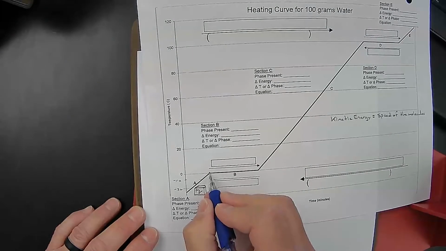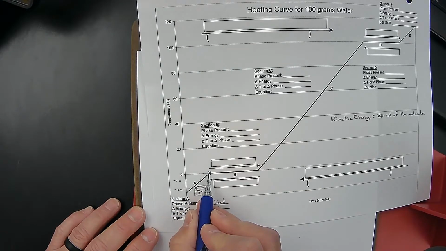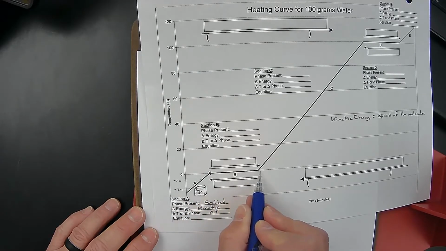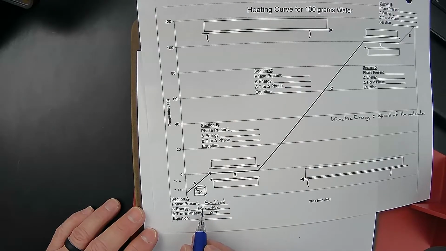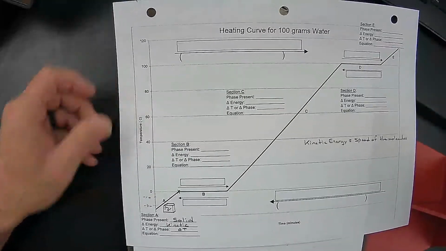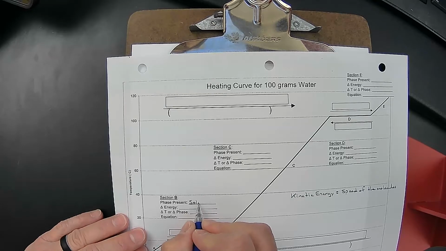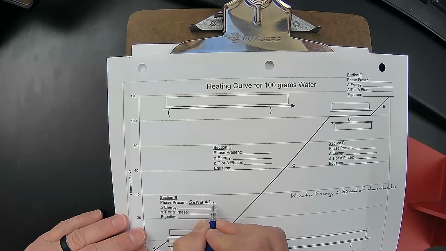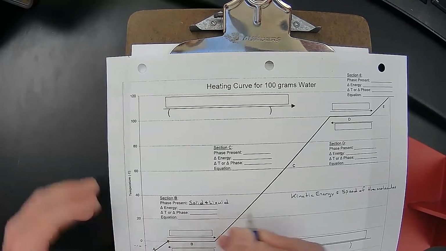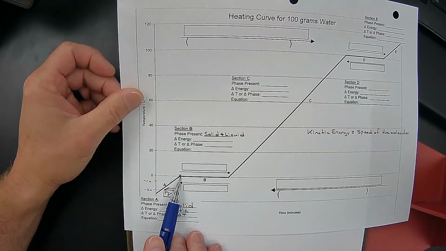Until finally it reaches right at this point. Right when the temperature hits 0 degrees Celsius, something starts to change. And what happens is now the phase that is present is not just a solid, but it's a solid and liquid. The solid right at this point begins its transition into a liquid.